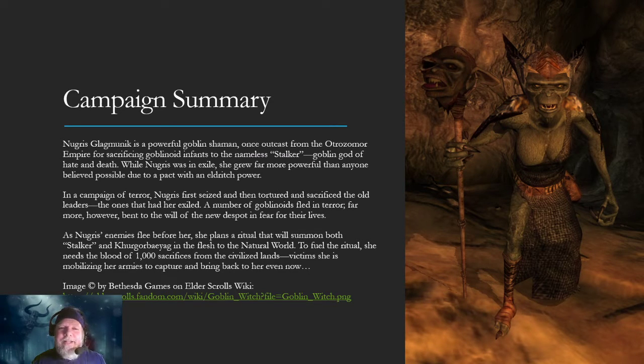While Nugris was in exile, she grew far more powerful than anyone believed possible due to a pact with some sort of eldritch power. How powerful is she? She's so powerful that in our campaign here, we are going to give her the name and the physical appearance of a goblin, but we are going to slap that on the stat block of something like a pit lord.